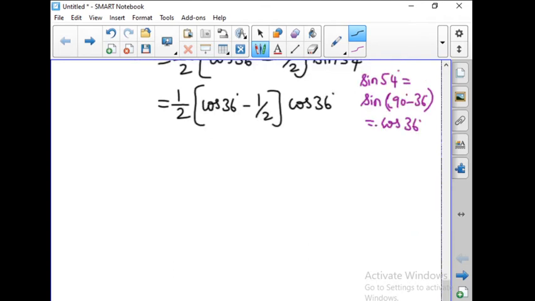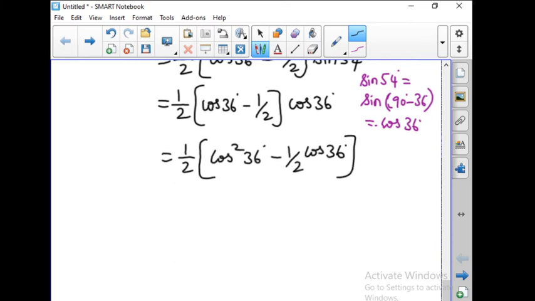Now how can we write this? 1 by 2 cos 36 can be written as cos square 36, can we write that? Cos square 36 minus 1 by 2 cos 36. Okay, so this can be rewritten as 1 by 2 cos square 36 minus 1 by 4 cos 36.